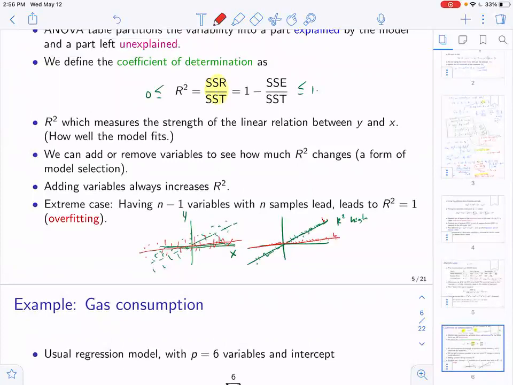If R squared is 1, you can't say that X and Y are perfectly correlated. The correlation could still be small, but relative to the noise, it's sufficiently good. So it's just a relative concept, relative to the noise, relative to the unexplained variation.